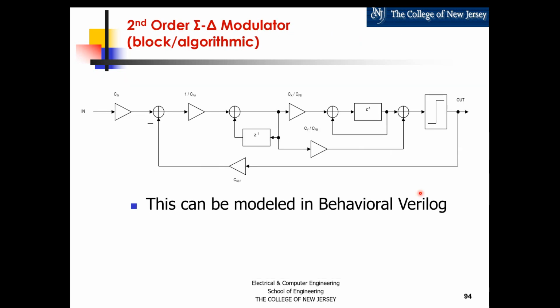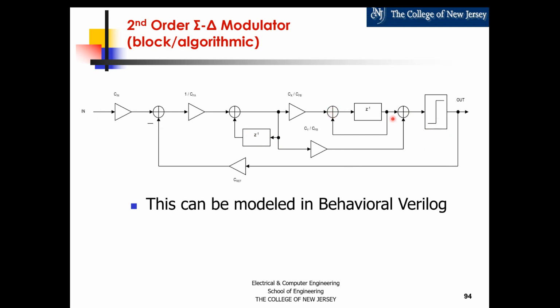This is a block diagram of the second order sigma delta modulator. Essentially, behaviorally, as you convert from analog to this 1-bit digital output, you have amplifiers and summers, and these are one clock delay as you start getting from the analog into the digital domain.